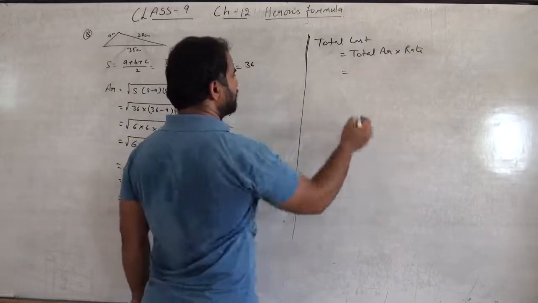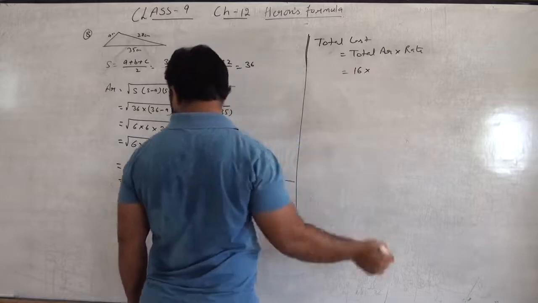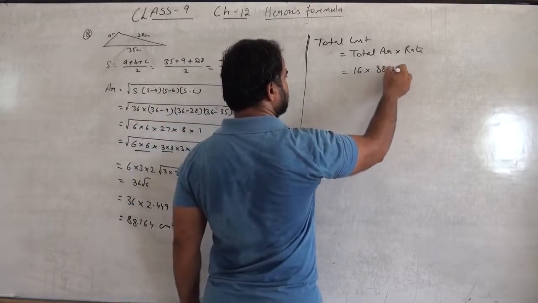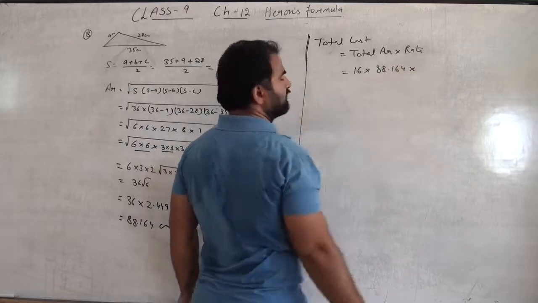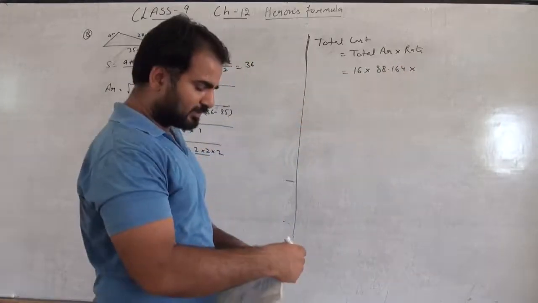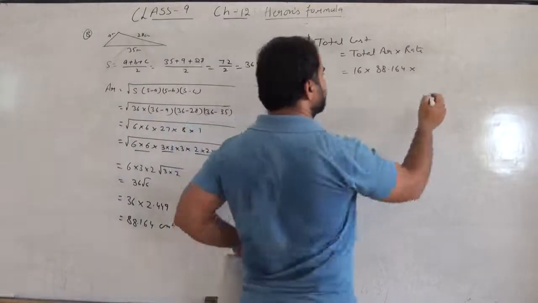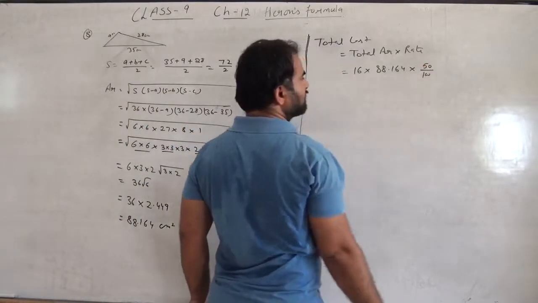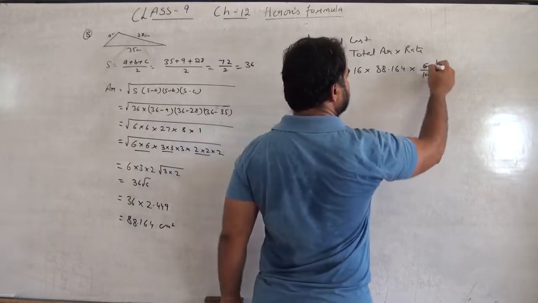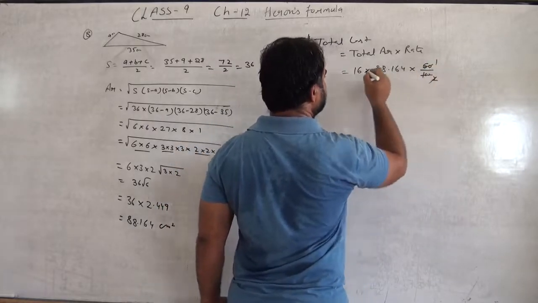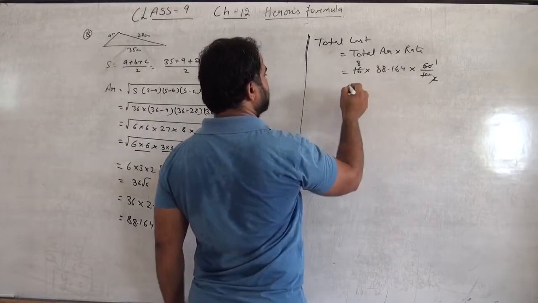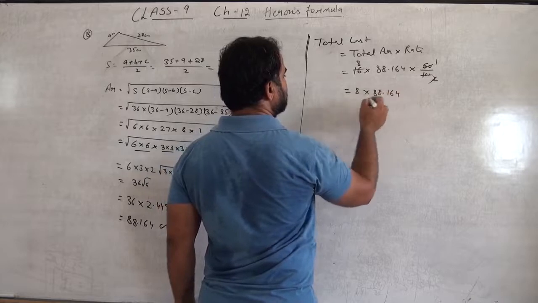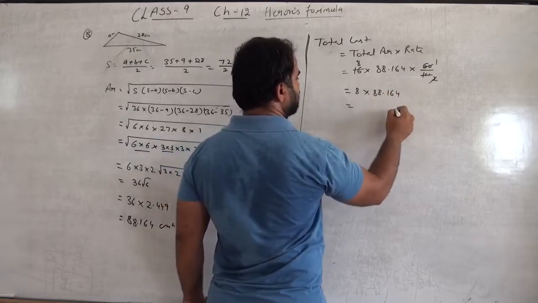So total area will be 16 multiplied by 88.164 into the rate, which is 50 paise per centimeter square, and 50 paise can be written as 50 upon 100 as rupees. So it will be 1 by 2, and 2 can be used to divide it. It will be 8 multiplied by 88.164.